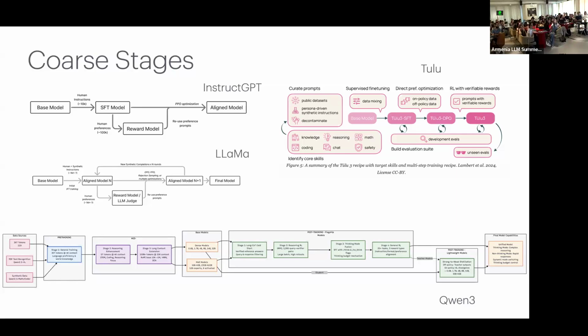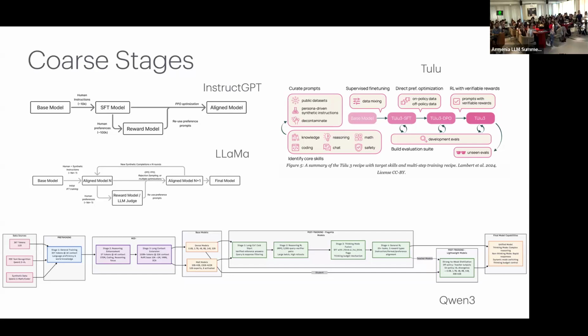And then the recent Qwen 3 papers get very crazy with it, where they have 4 core stages. Within each stage, you have additional stages. I don't know if you can read this, but they do everything from general training to specifically reasoning, mid training to long context extrapolation, so code distillation.